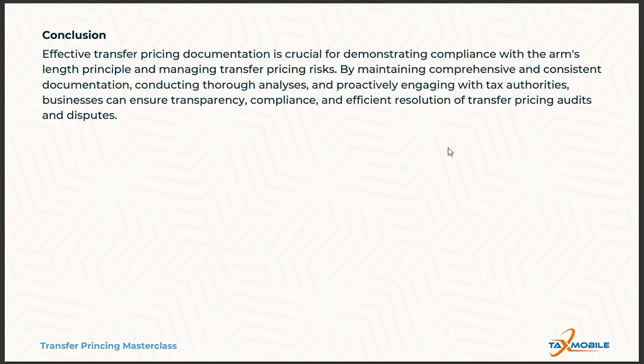Adhering to these documentation requirements and implementing best practices can help connected persons manage transfer pricing risk, avoid substantial penalties, and remain compliant with both local and international tax regulations.